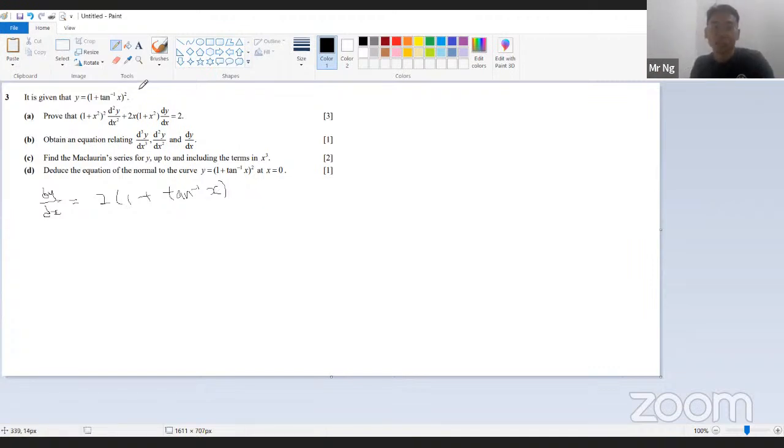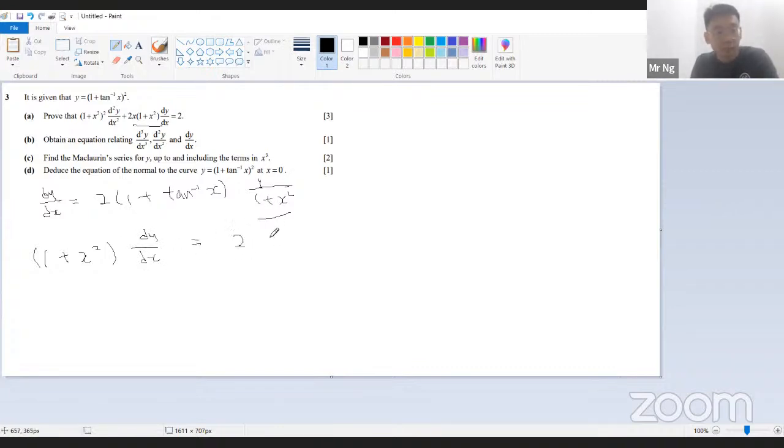The most external and encompassing function is the square. After we differentiate the outside, we need to differentiate the inside. Differentiating tan inverse x, I think, is 1 over 1 plus x squared. So when I'm here, you might want to re-express your equation first.